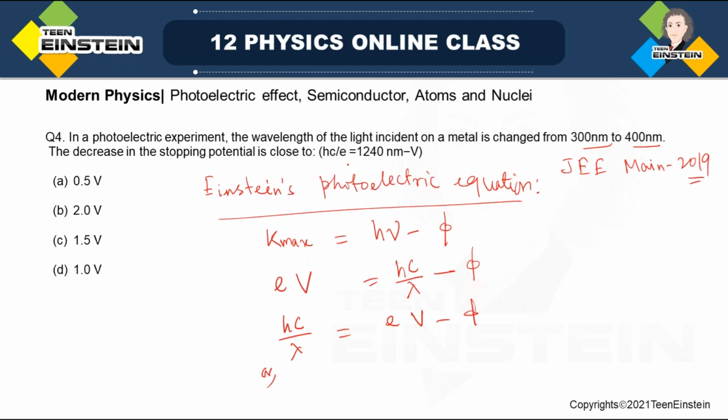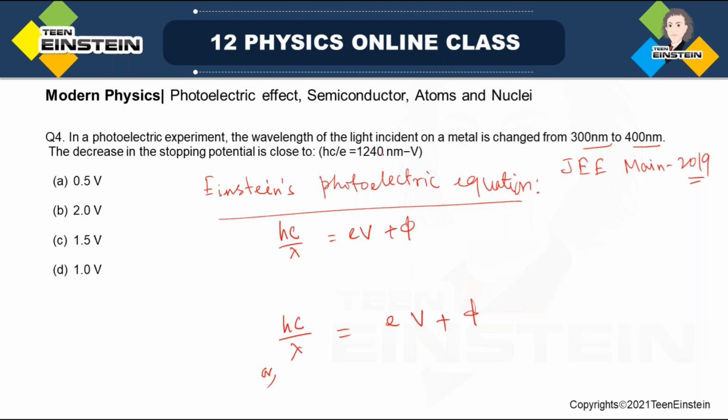Okay, we'll just see. All right, so we have a modified format of the photoelectric equation given by Einstein, that can be written as hc by lambda is equal to eV plus phi. Phi is the work function.